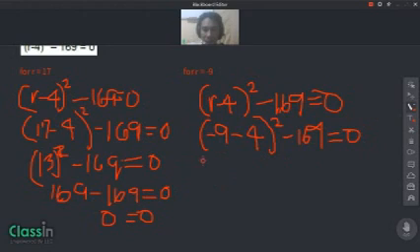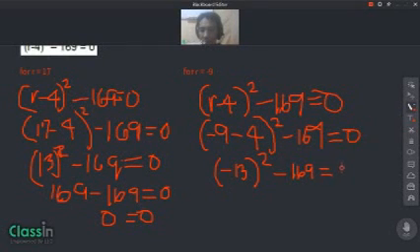So negative 9 minus 4 is negative 13, minus 169 was 0. Now, we square negative 13.